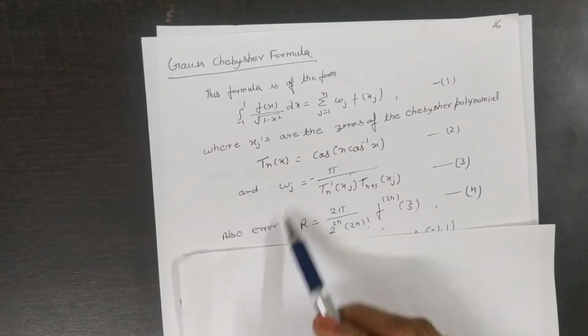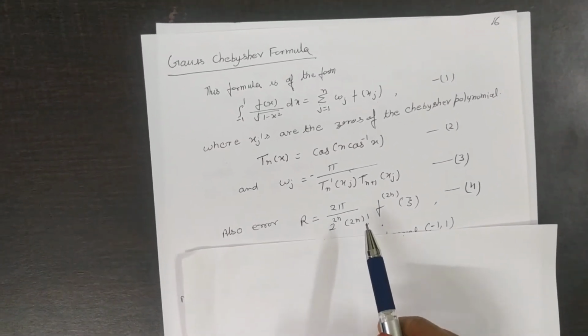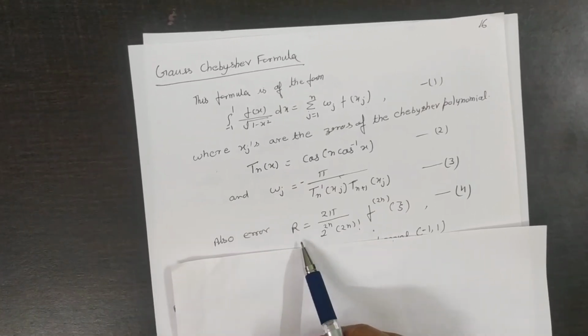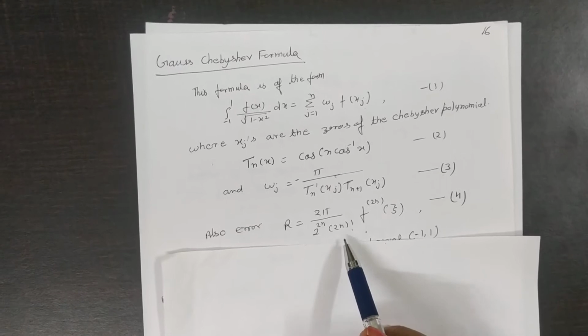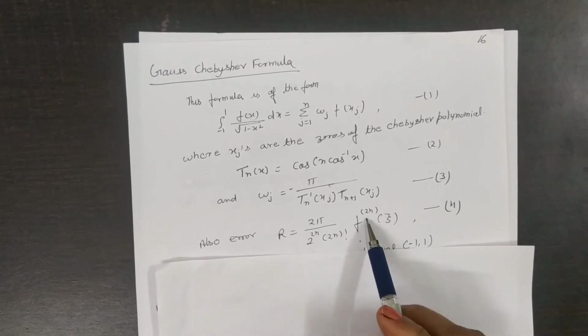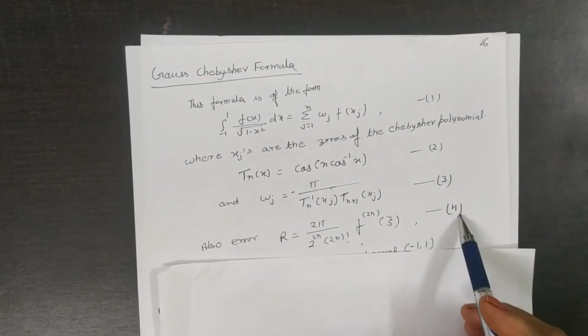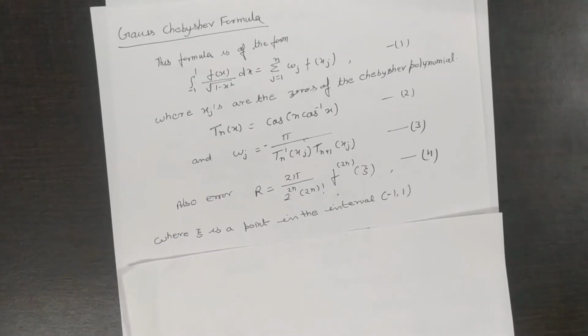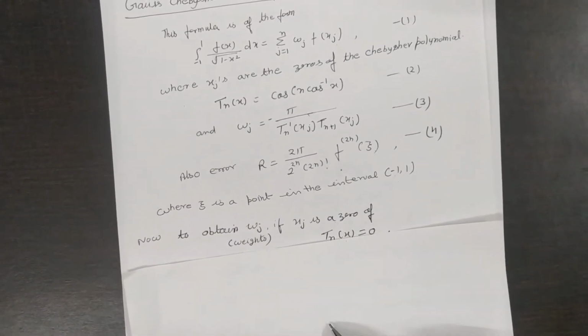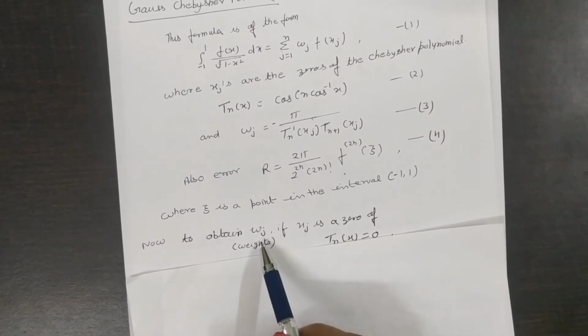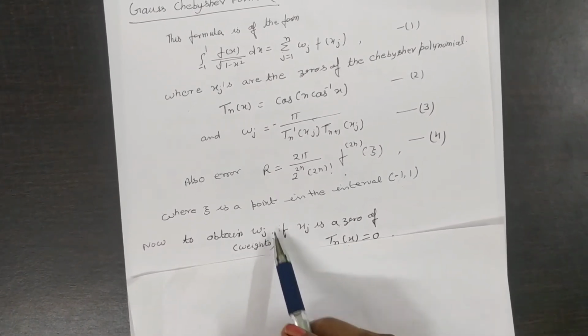And also the error for the Chebyshev formula is R equals 2 pi by 2 to the power 2n, factorial, f to the power 2n of psi, equation number 4, where psi is a point in the interval -1 to 1. Now we obtain wj, which is the weights.